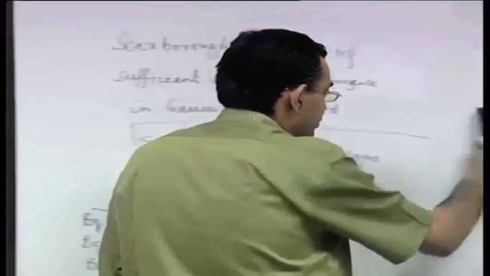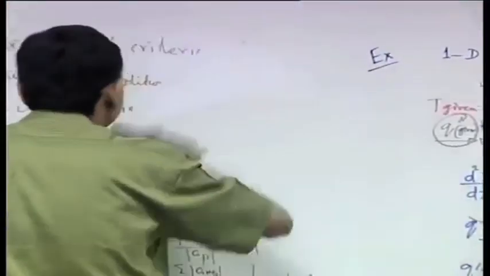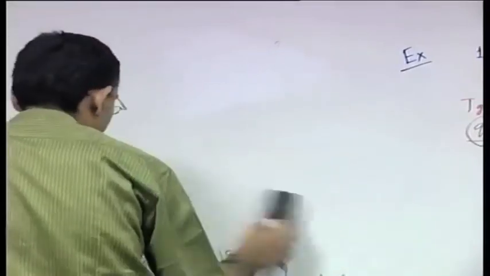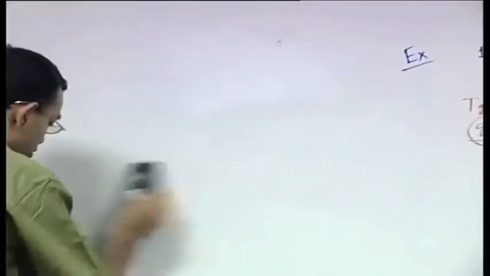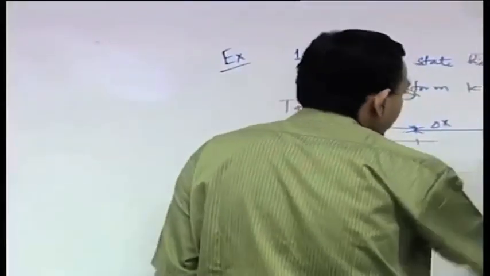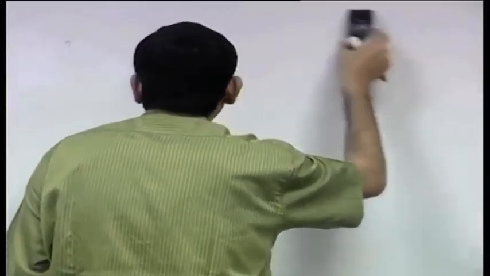Okay. So with this understanding, let us work out a couple of examples to illustrate what we have learned so far in terms of the sufficient conditions for convergence for the iterative methods.